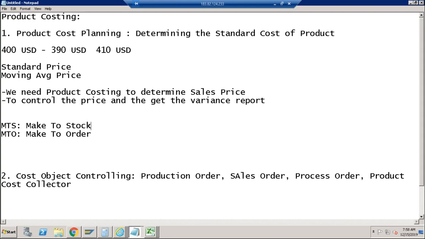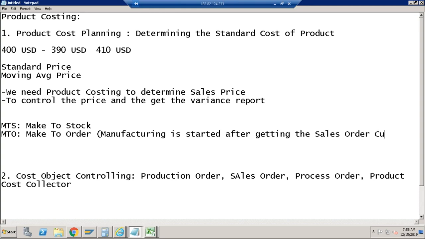Manufacturing is started after getting the sales order from the customer. So this is a kind of customized product, right? You will only start the manufacturing once the order is confirmed. You are not going to start manufacturing just to keep the product in stock.